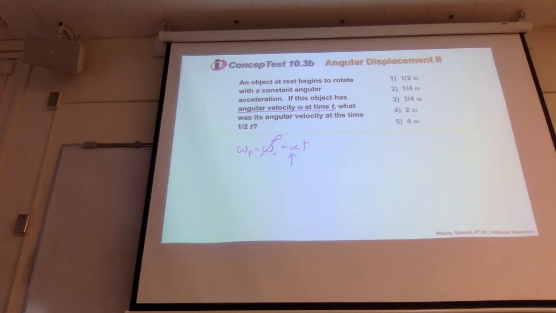The angular acceleration is the same. And you can see now omega final and t are just directly proportional. They're directly proportional instead of being squared. So let's see, if t gives me omega final, t over 2 is going to give me omega final over 2. So it's going to be traveling at half the angular velocity, all right?